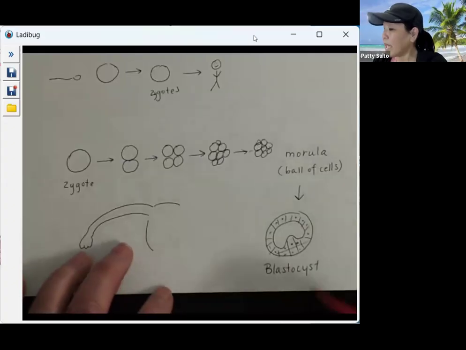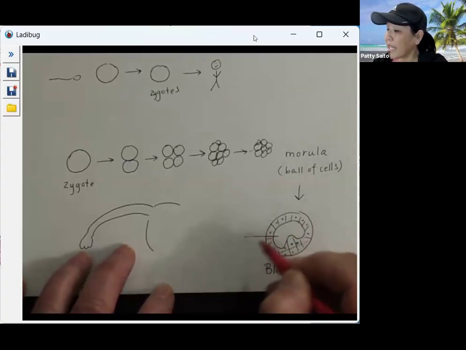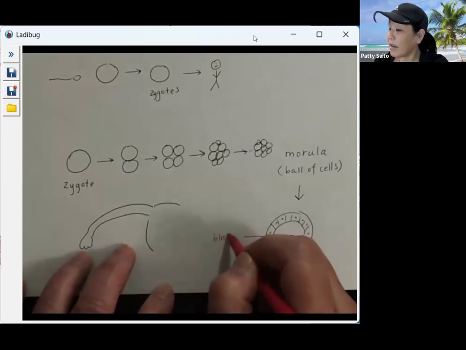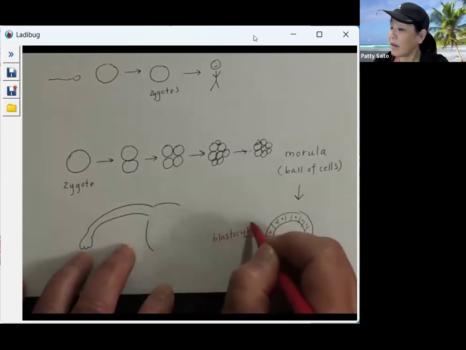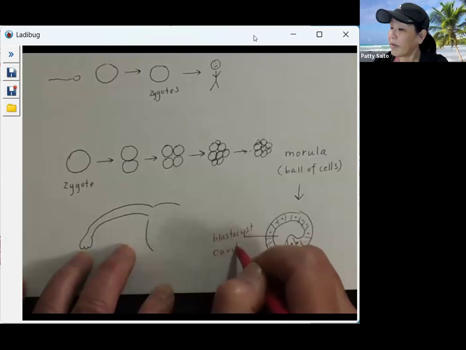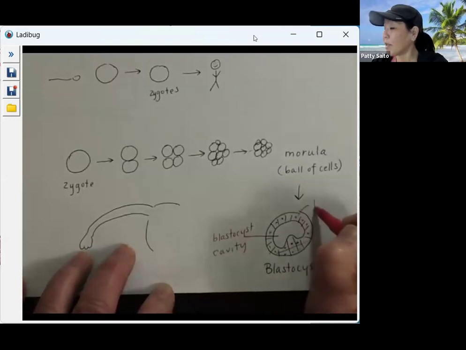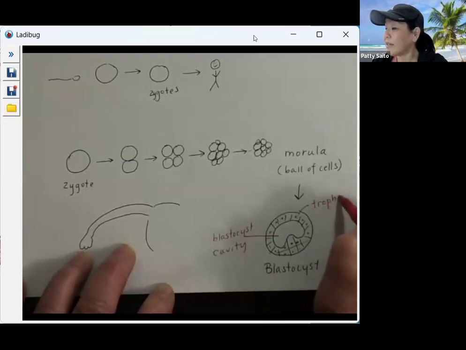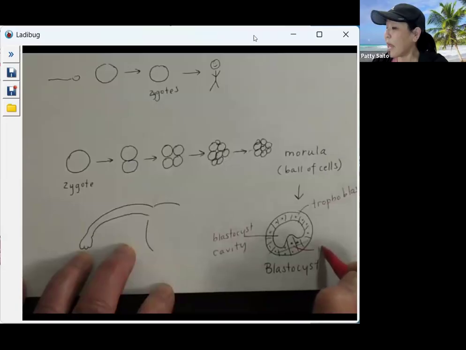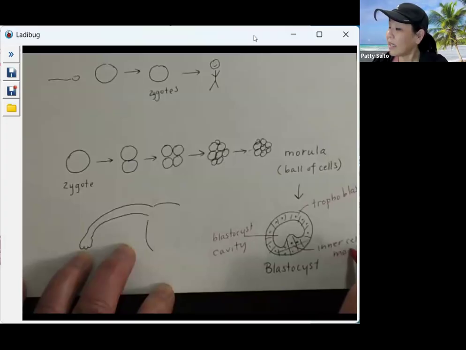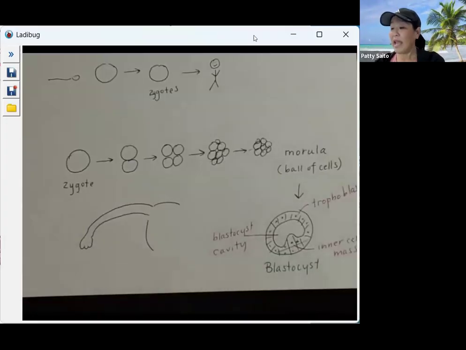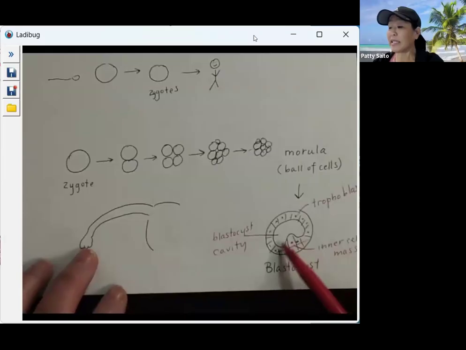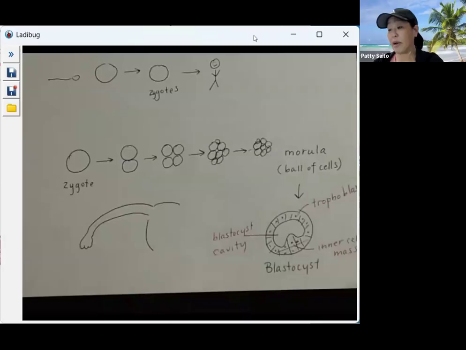Okay, but there are certain areas. This is called the blastocyst cavity. This area here is called the trophoblast. And this is called the inner cell mass. Now, this inner cell mass is the part that's going to become the developing embryo.